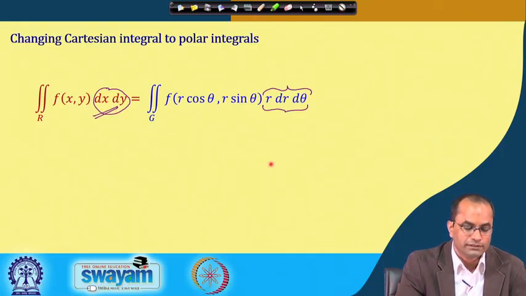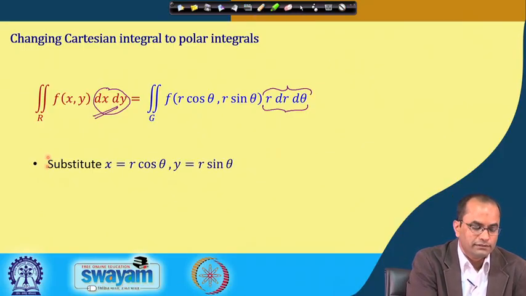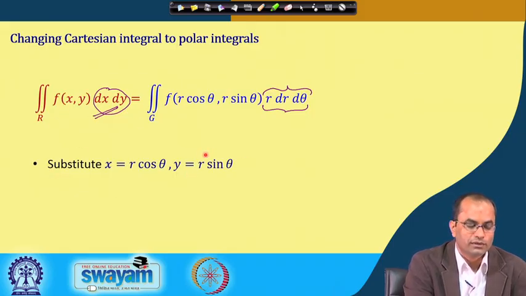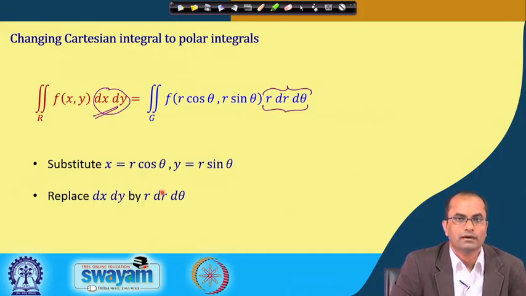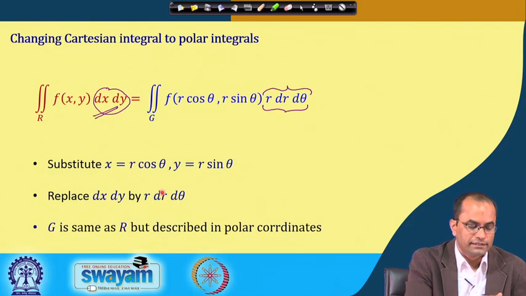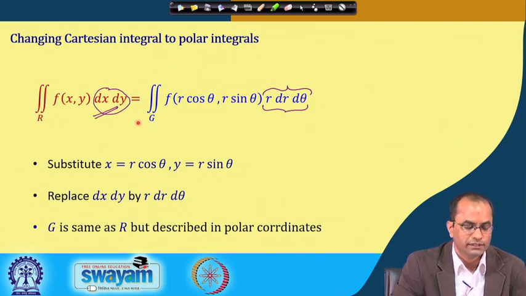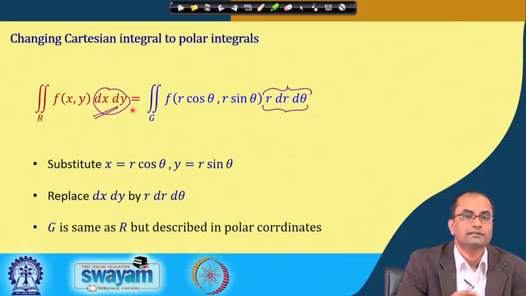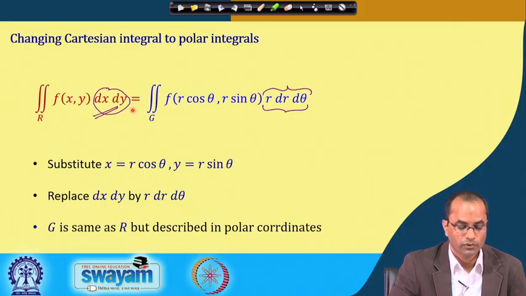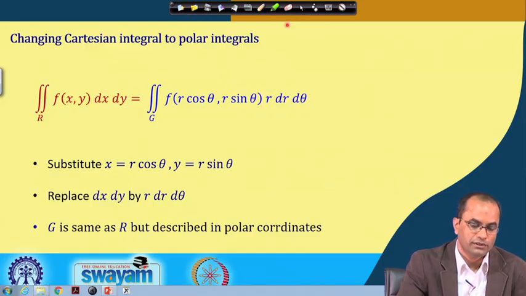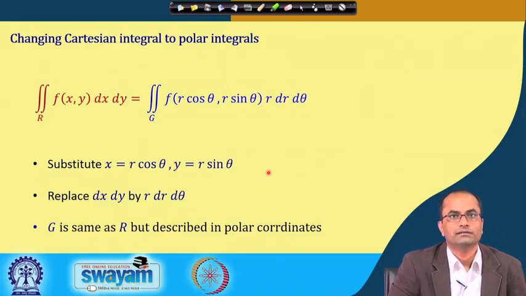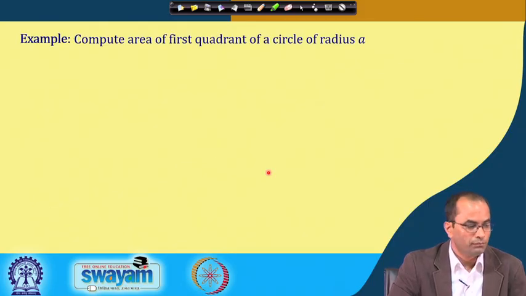So, the steps are that we substitute x equals r cos theta, y equals r sin theta in the integral, and dx dy is replaced by r dr d theta, and this region is naturally the same, but now it is described in terms of polar coordinates. We will see with the help of examples how to evaluate integrals in polar form.